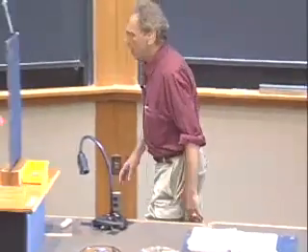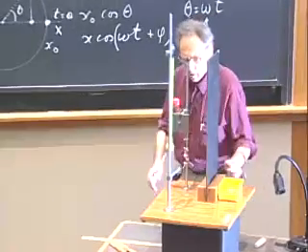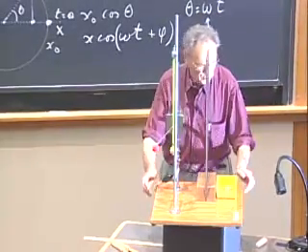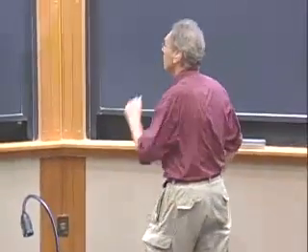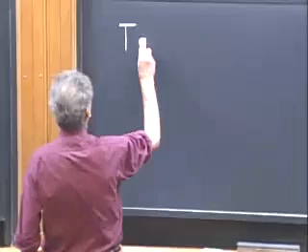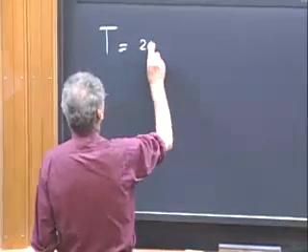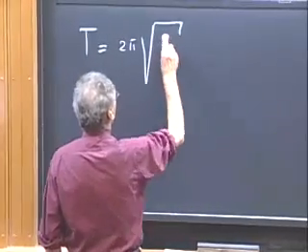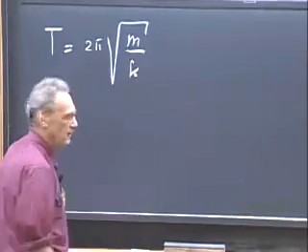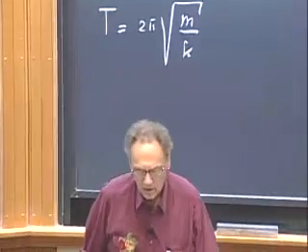So, if we return to the spring, yeah, maybe we should remove this. If we return to the spring, then we have a period for the spring system, which is 2 pi times the square root of m over k. And I want to bring this to a test, to a quantitative test, how accurate this is.